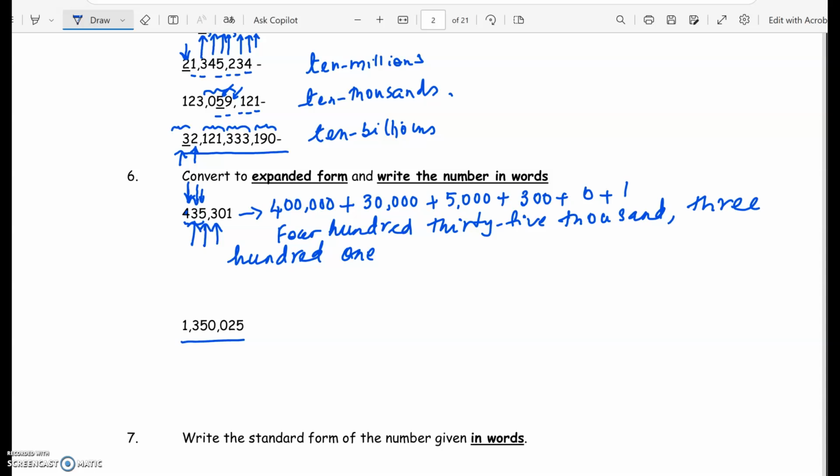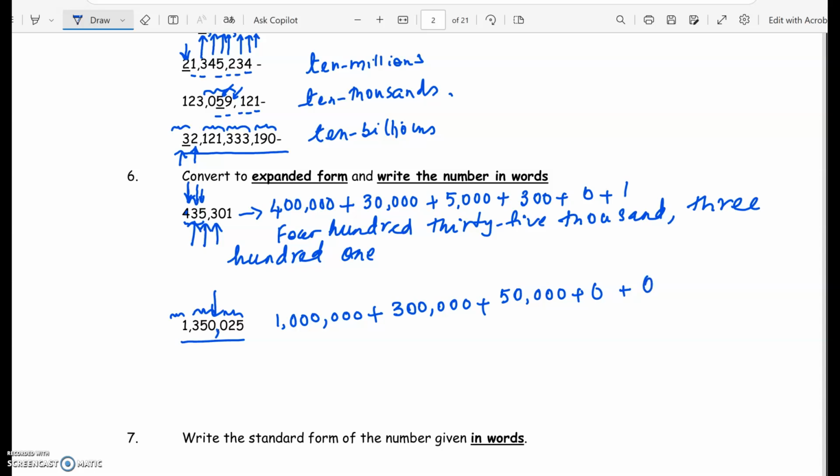Now here, our next number, this is the ones period, this is the thousands period, this is the millions period. So 1 is in the millions place, so the value of 1 is really a 1 million. Plus the 3 is in the 100,000s place, so it's 300,000. Plus 5 is in the 10,000s place, so 5 times 10,000 is 50,000. Plus of course the thousands place is a 0.